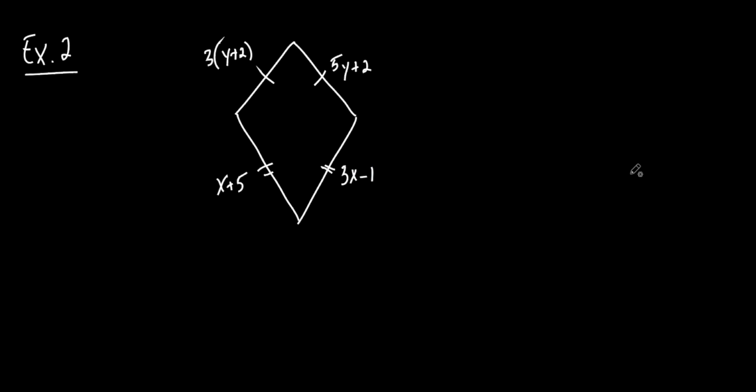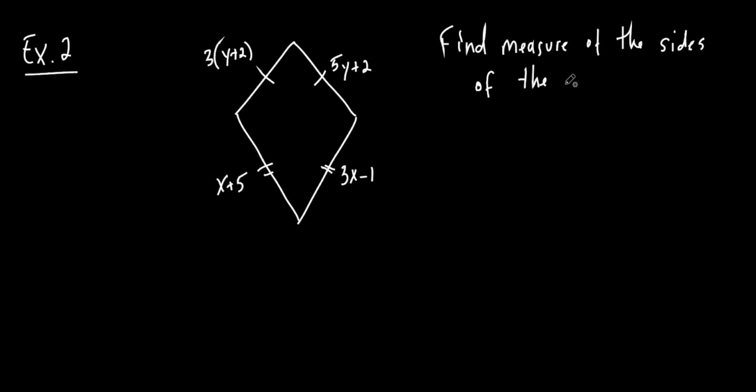What I want you to do is find the lengths, or actually they don't say lengths. They say find the measure of the sides of this kite. Of the kite. All right, so they tell you it's a kite.